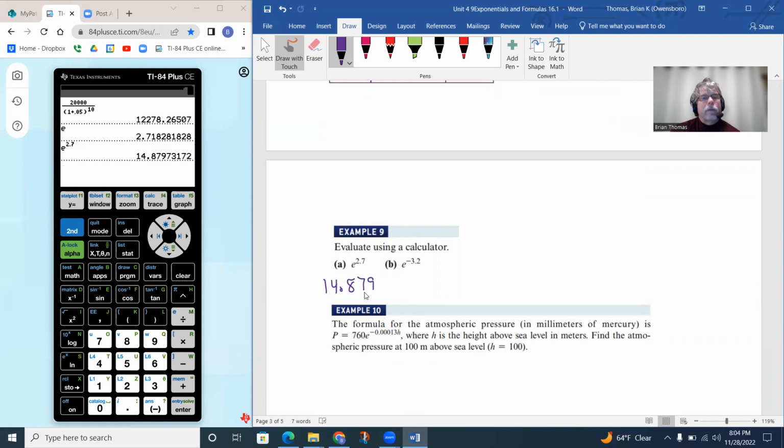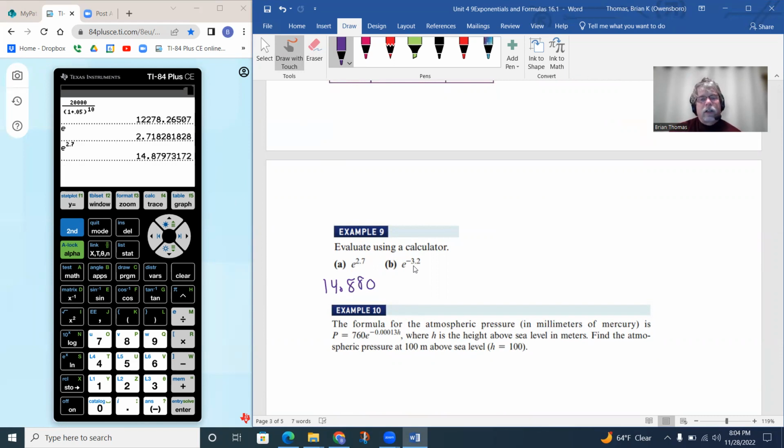That 9 would actually round up, since there's a 7 after it, so that 7 now has to round up to an 80. So 14.880 would be that.